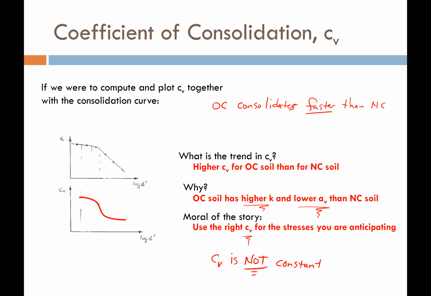It completely depends on what the stresses are and what the stresses are going to be after you load your soil. So if you want to accurately predict how long settlement is going to take to happen, you need to be using the right C sub v value that corresponds with the stresses the soil is feeling and will be feeling after you place the stresses on the soil.